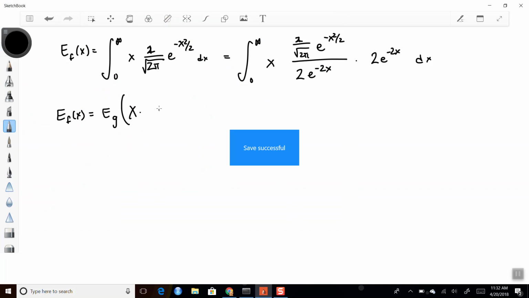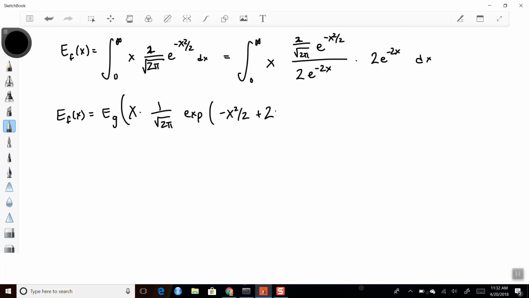So let me just do a little bit of work here, and I'm going to get 1 over 2 pi, and then here I'm going to have e to the negative x squared over 2 plus 2x. And now here, x is drawn from the exponential distribution with lambda equal to 2.